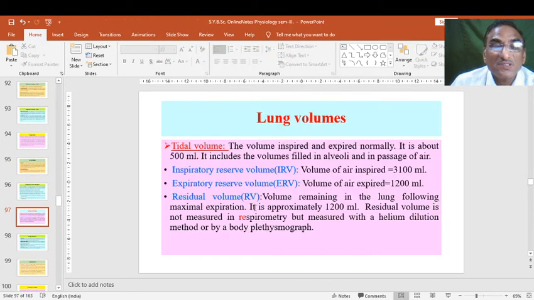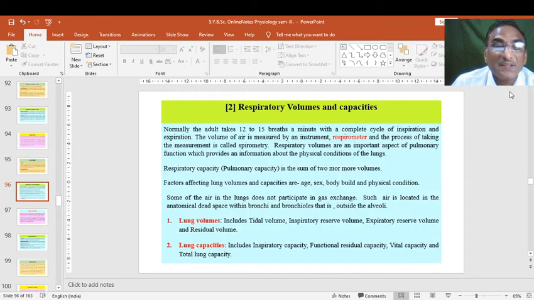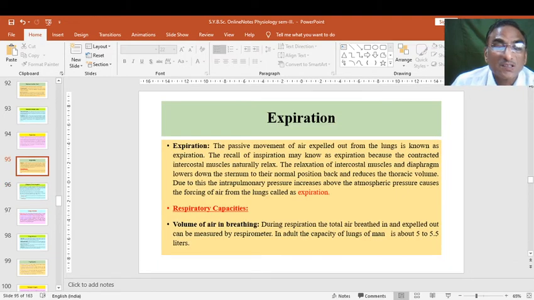First of all, we will see respiratory capacities, and in that the first topic we will study is the volume of air in breathing. The volume of air carried during breathing, or we can say the optimum level of intake and expulsion of air from the lungs, is called respiratory capacity.